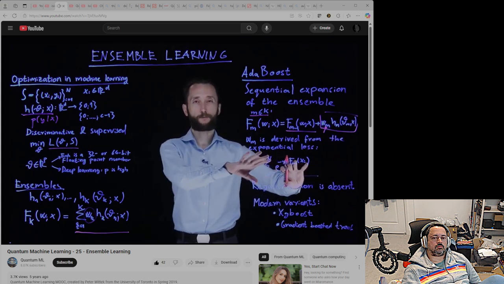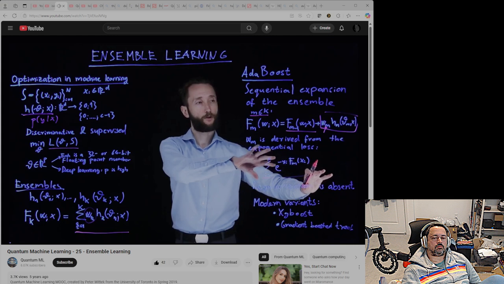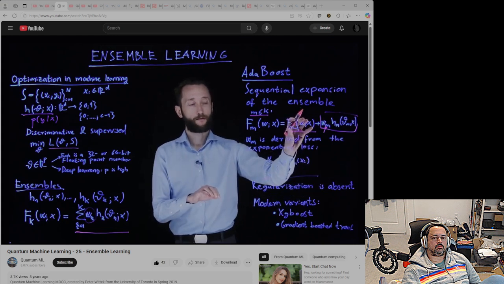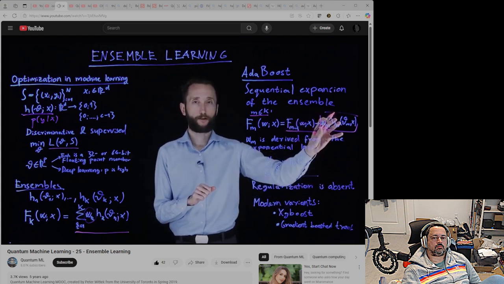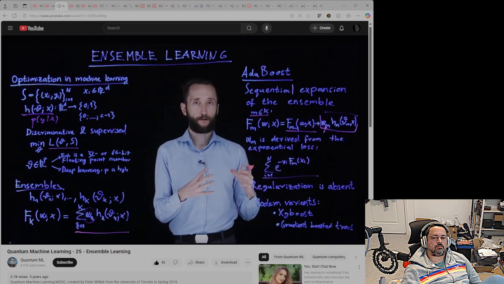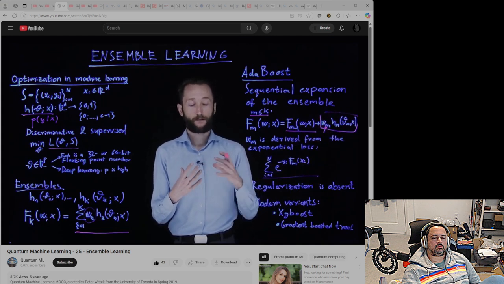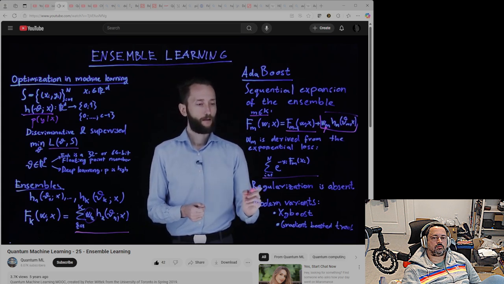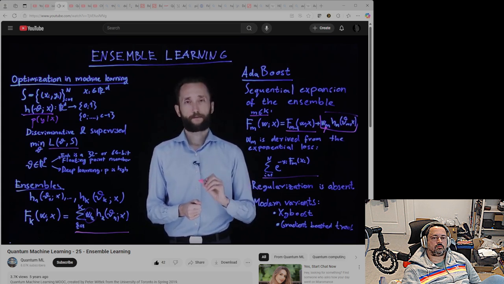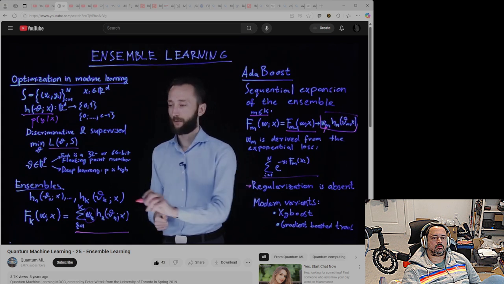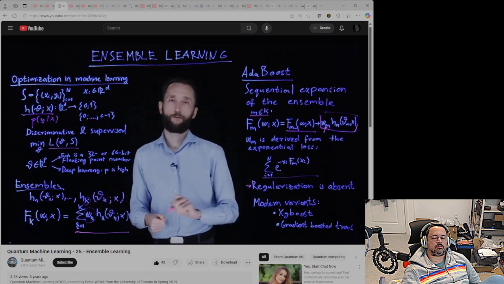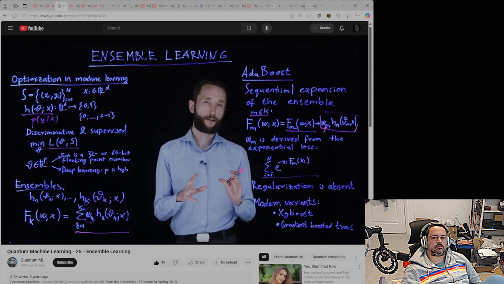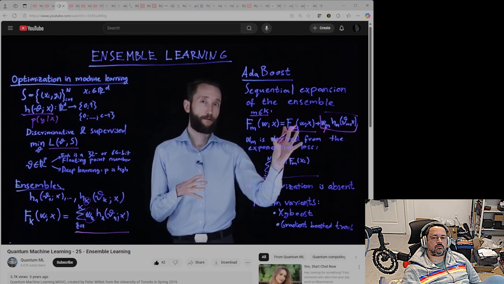You factorize this exponential loss into two parts, the loss coming from the previous ensemble and the loss coming from the new addition. If it's a good model, then it will have a higher weight. And if it's not so good a model, it will receive a lower weight. Regularization is absent, which means that it will use up all of your k available models. So even if something is very bad, it will still be in the ensemble.